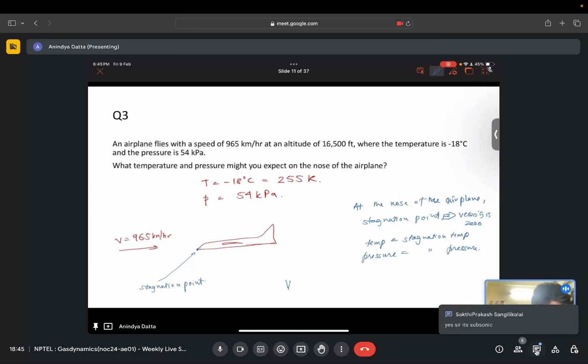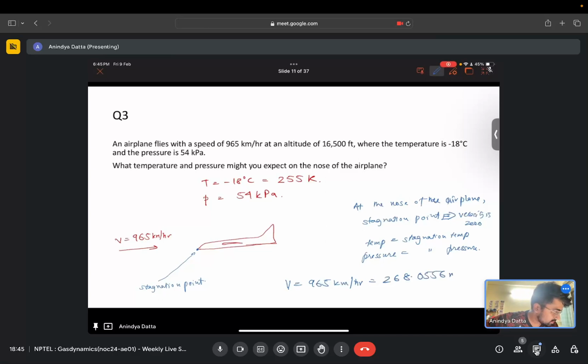So V is 965 kilometer per hour, so we'll get this as 268.0556 meter per second. Please everybody kindly also check the values once.